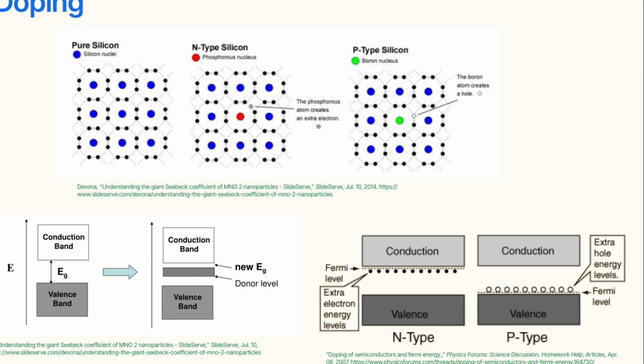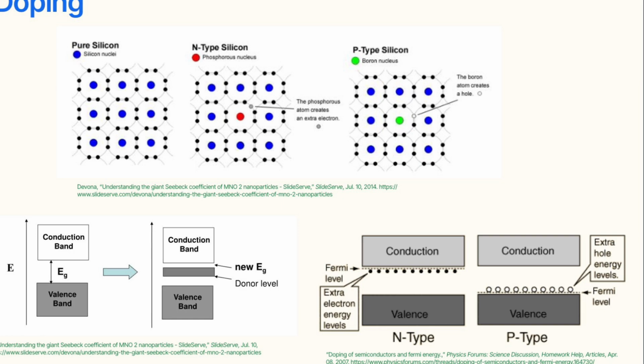For example, let's use silicon. By adding a single phosphorus atom for every million silicon atoms, the conductivity increases 3,000 times over. But why? Silicon has 4 valence electrons, phosphorus has 5, and boron has 3.